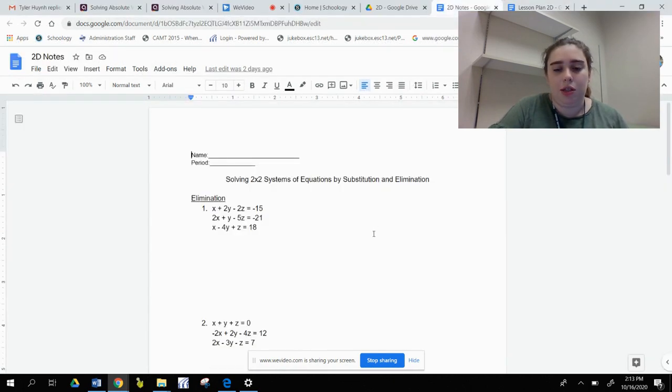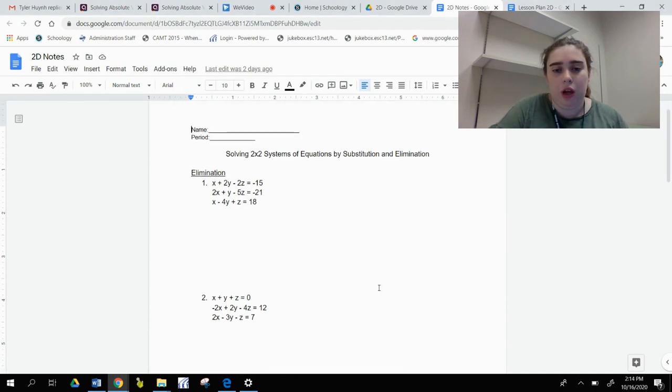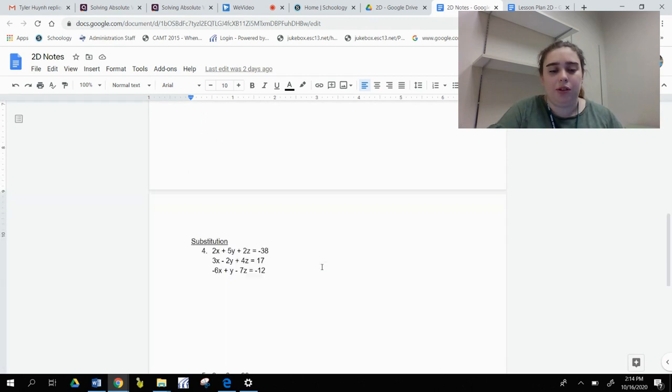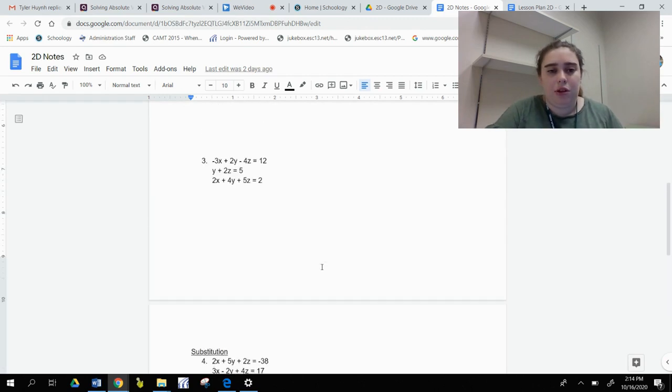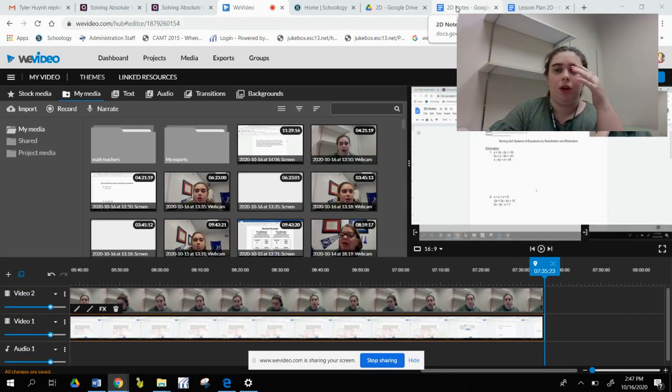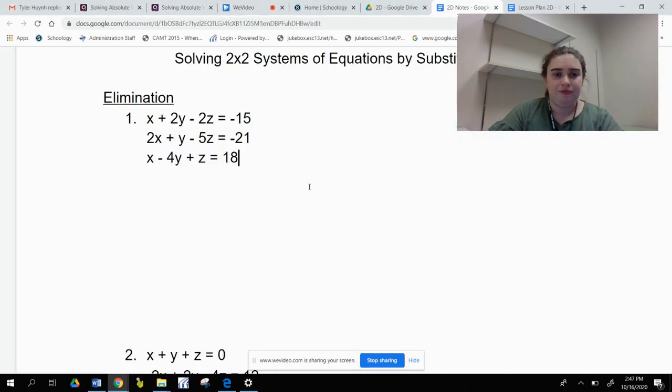So you have these 2D notes in a PDF in Schoology. All right, we have some problems listed for us to go over. So let's do one of each so y'all can see how it goes, and then y'all can finish the rest. All right, so let's look at these 2D notes.